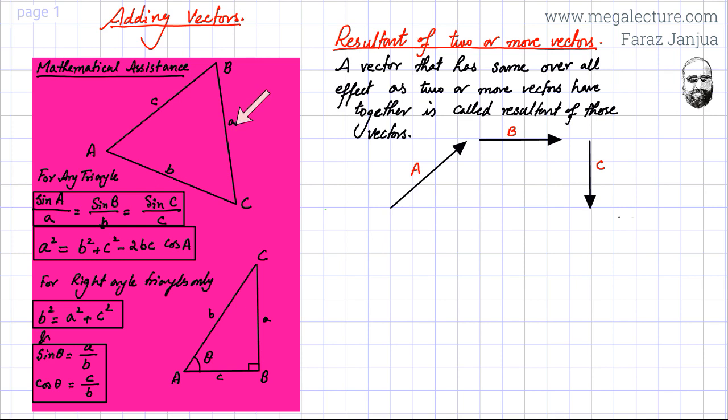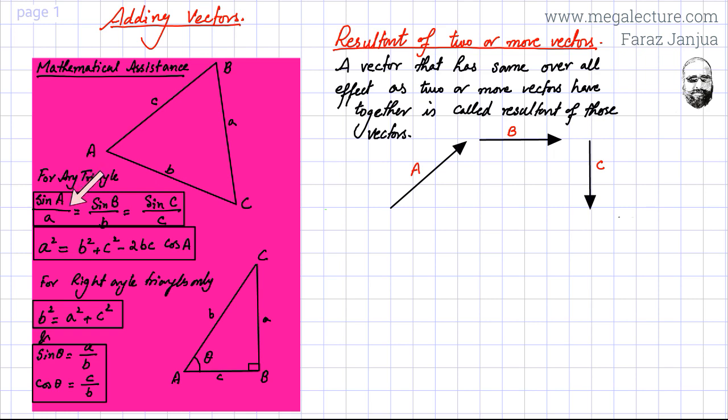Small a is opposite to A, small c is opposite to C, and small b is opposite to B. Small letters represent lengths of the triangle, and capital letters represent the angles they make with the sides.